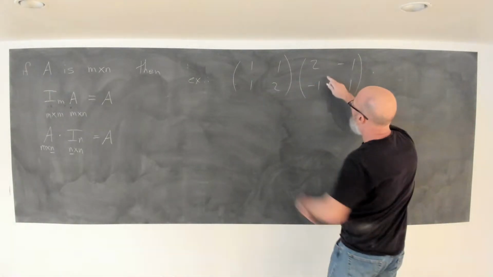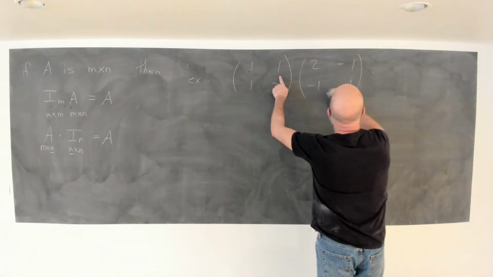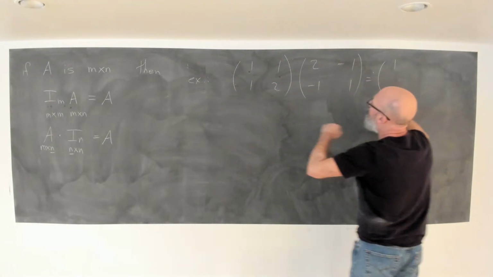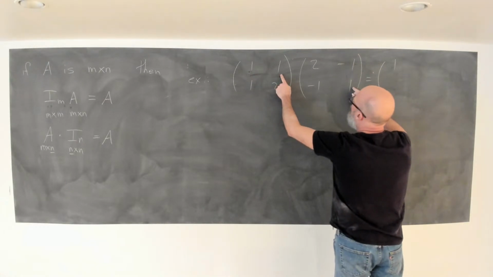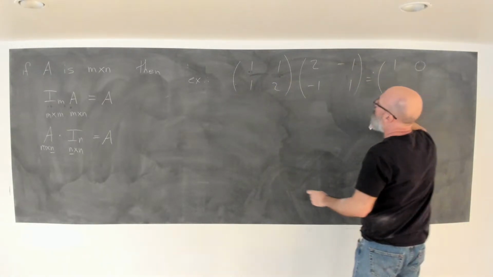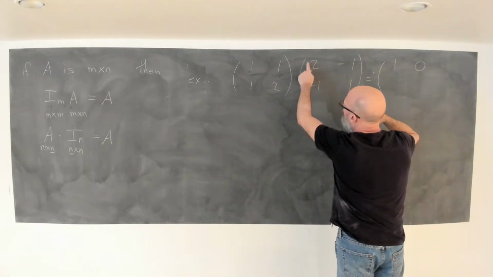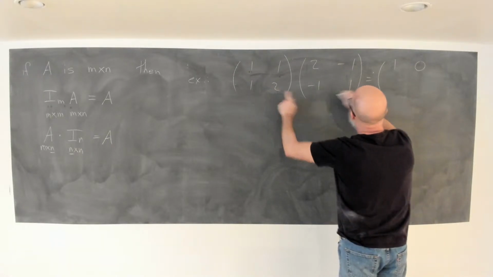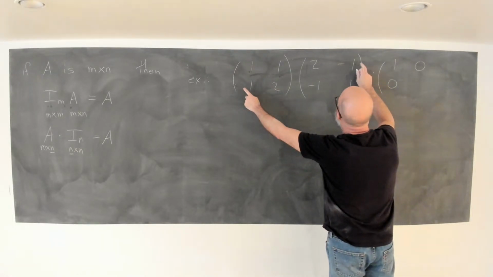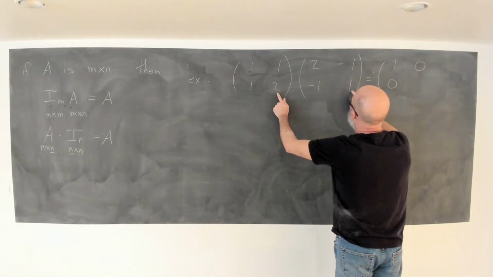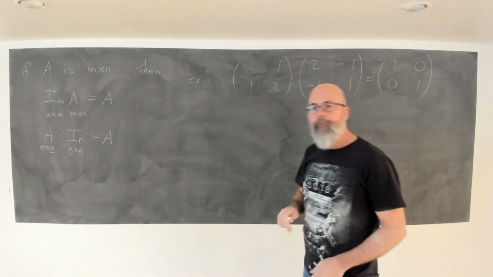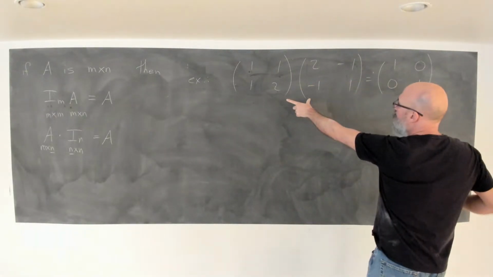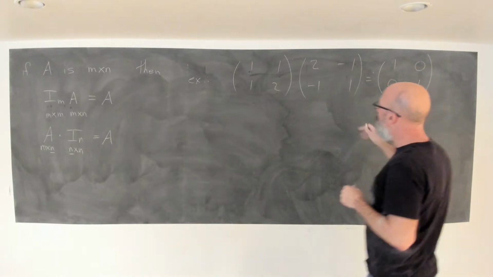First row, first column. 2 minus 1 is 1. First row, second column, minus 1 plus 1 is 0. Second row, first column. 2 minus 2 is 0. And minus 1 plus 2 is 1. If you multiply these two matrices together, you get the identity.